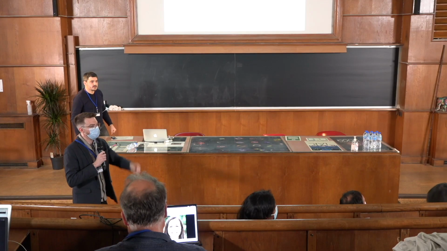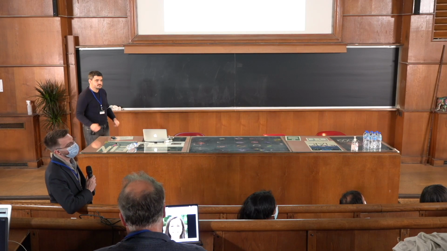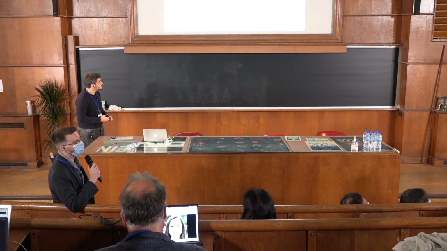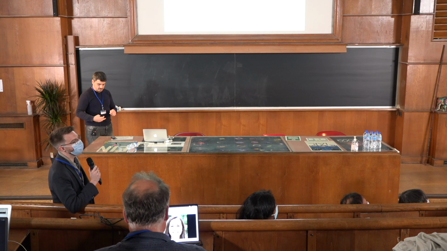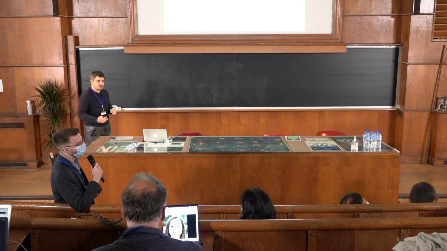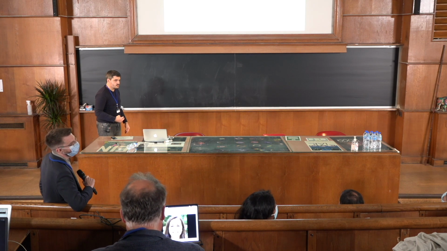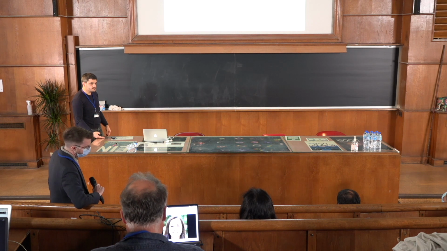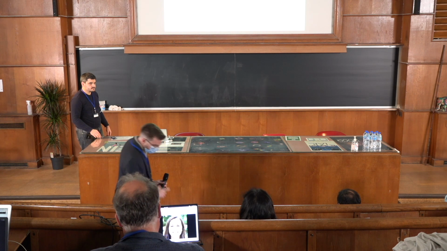Okay, we have one more question for you. Thank you, Stéphane. I think I have also a related question. The main caveat of this work indeed is that it's based on redMaPPer, so you cannot do better than that.